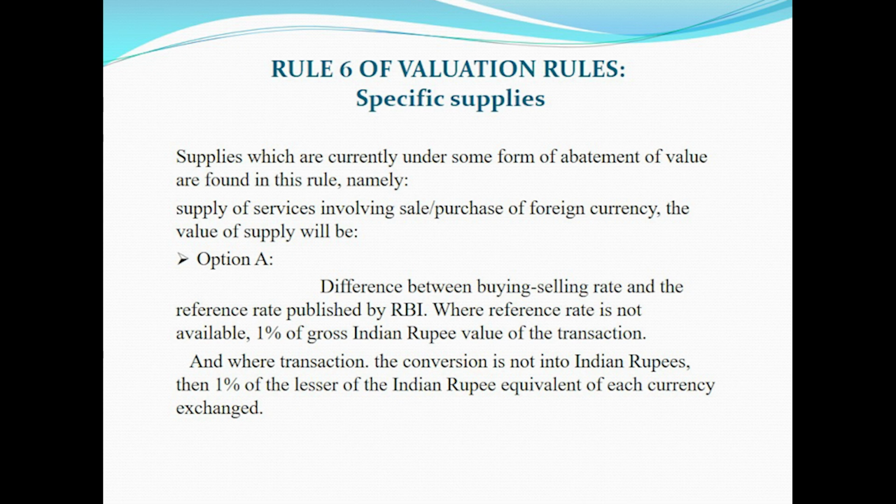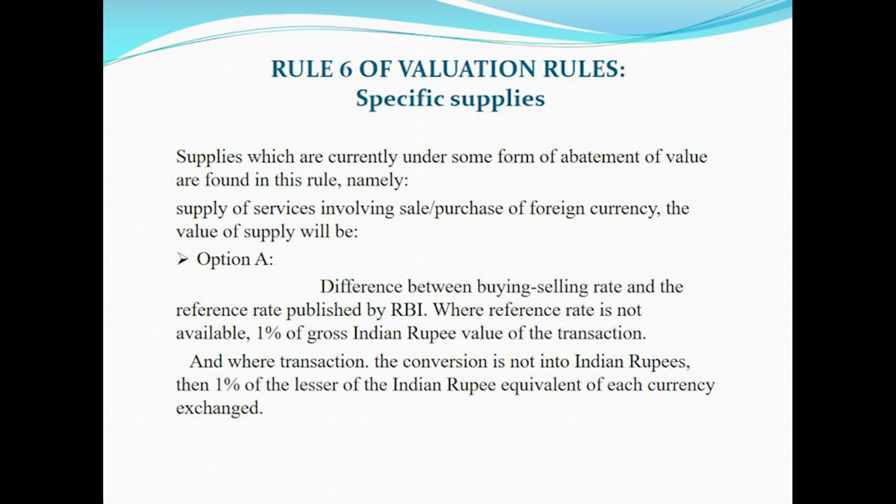There might be certain listed supplies or certain categorized supplies as per the Act. That is, the supplies which are currently under some form of abatement of value which are found in this rule, namely the supply of services involving the sale or purchase of foreign currency.